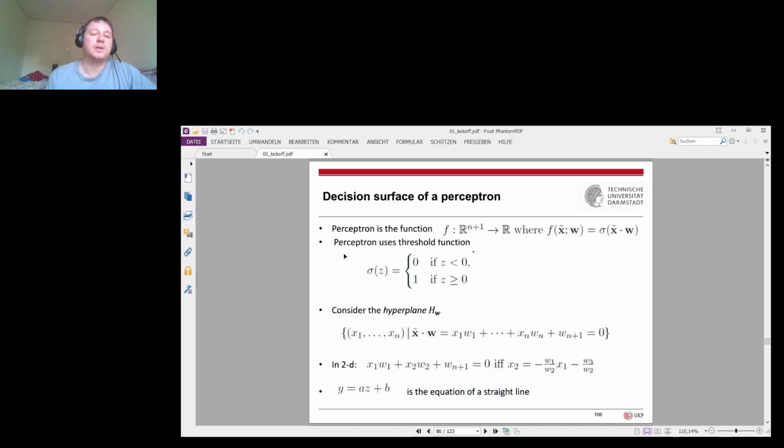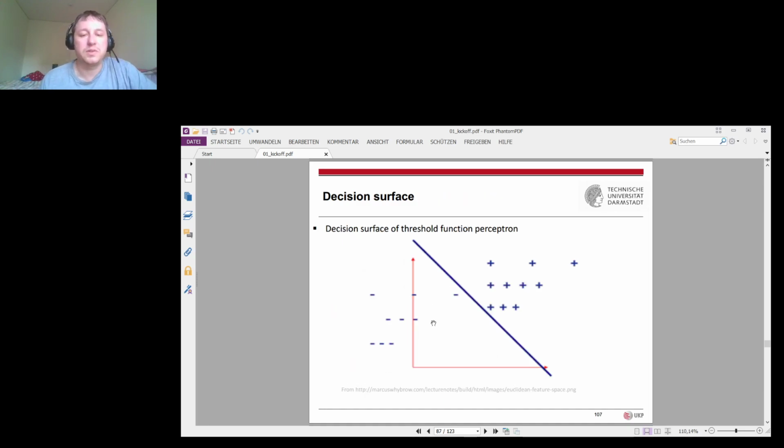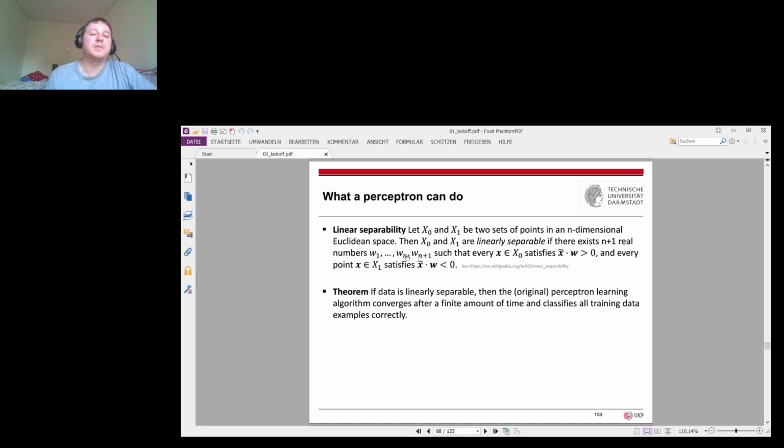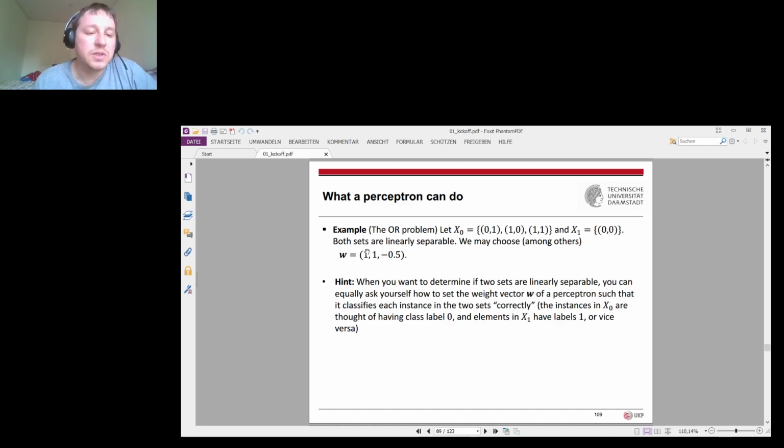Recall the definition of a hyperplane had a parameter vector W which characterized the hyperplane. That basically says where the hyperplane goes through. So now we have to find such a hyperplane, and we choose it to be parameterized by the vector 1, 1, minus 0.5.